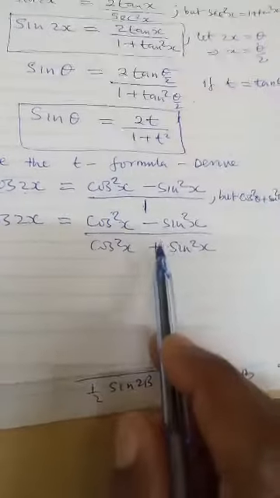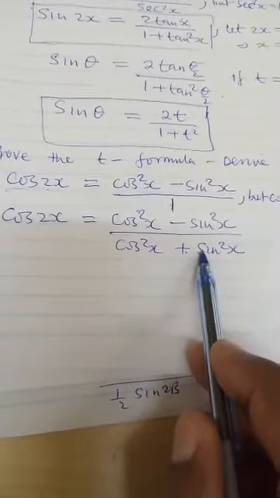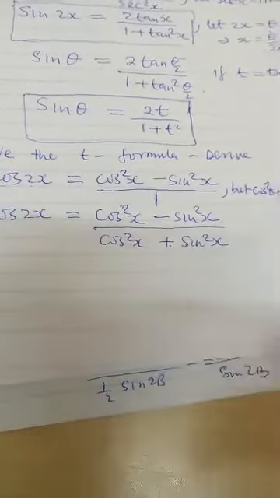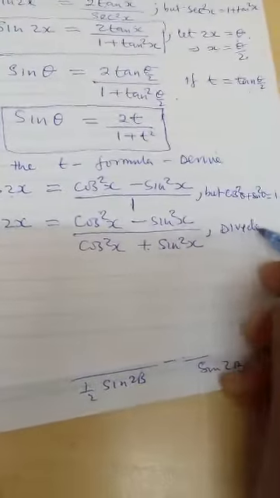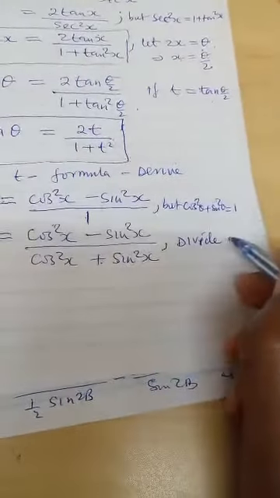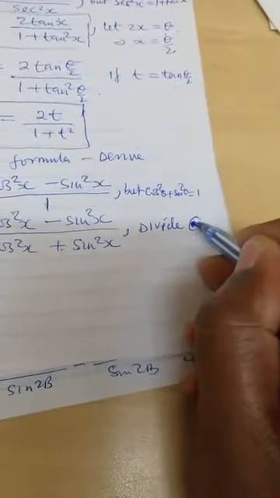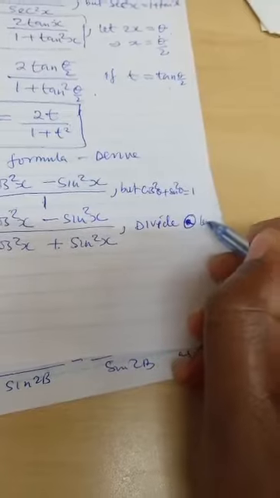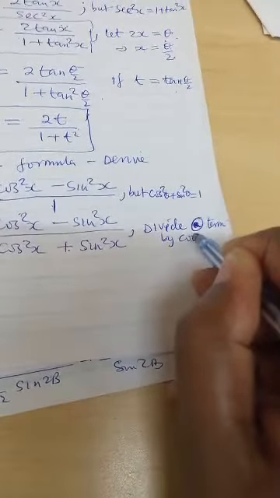That seemingly 1 is miraculous, that you can replace it with that. Well aware as mathematicians that we know that the denominator is 1, we go ahead and divide each term. I hope you all know that this means each, much as it also means at. Divide each term by cos squared x. Our target is to make sure we bring in the tan.